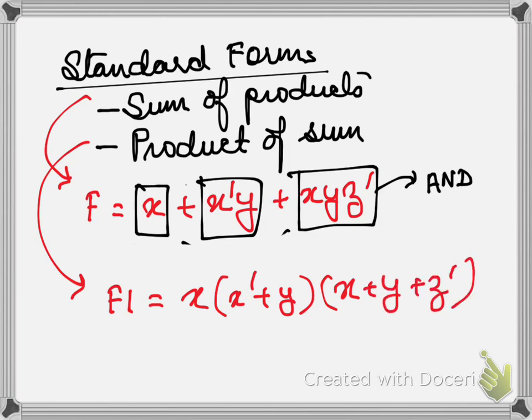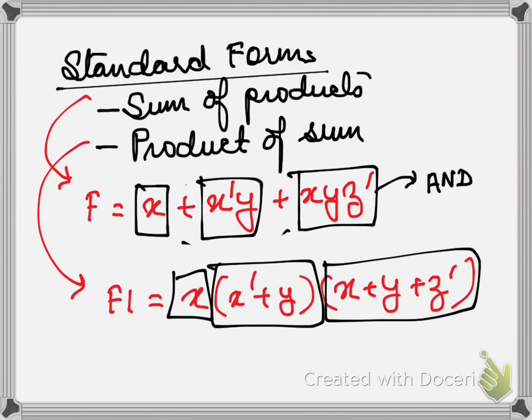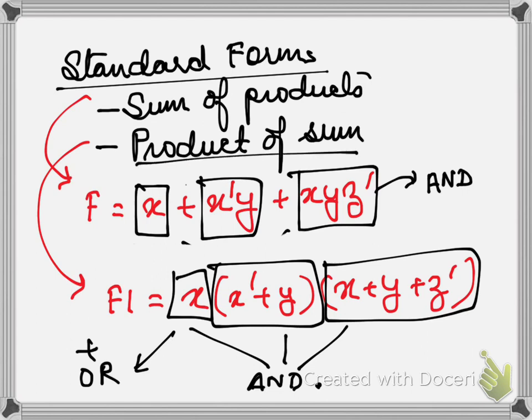Here each term is a sum, which means it's an OR. The literals are connected by OR, and all the terms are held together by the AND operator, which is nothing but the product. So OR is the sum, this is the product. So product of sums. This is your standard form.